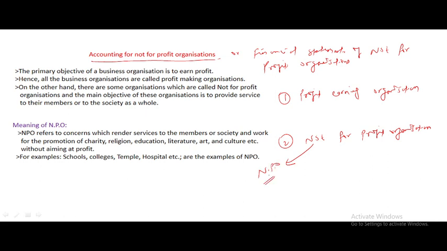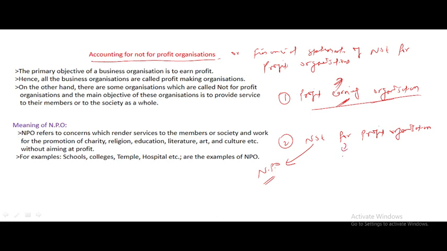In case of profit earning organization, the main objective of this organization is to earn profit only, so it is called profit earning organization. Sometimes it is called profit making organization.